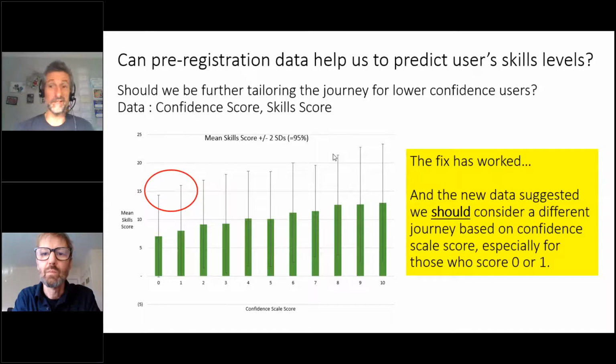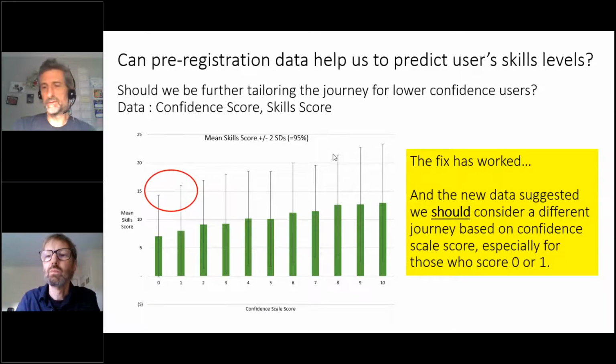You don't need to know, but it's quite an important score for us. We understand that it's a level of numeracy that we talk about quite a lot. So this means that perhaps we should be considering a different journey for those people, because they were very unlikely to score very high in the check. And those discussions are ongoing. There's many things to talk about, but the data has told us there is something to look into.